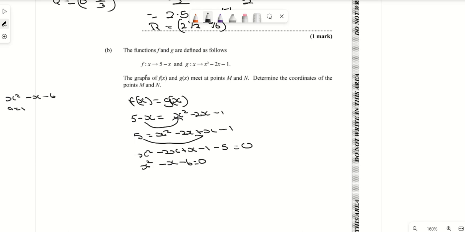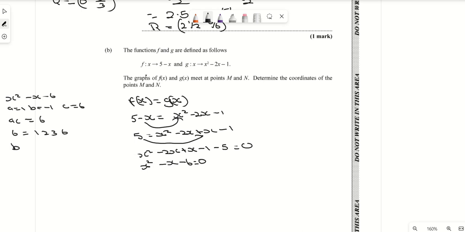A is equal to 1, b is equal to negative 1, c is equal to negative 6. We have to find AC. So AC is 1 multiplied by 6, which is 6. Then you write your factors of 6, which are 1 and 6, and 2 and 3.